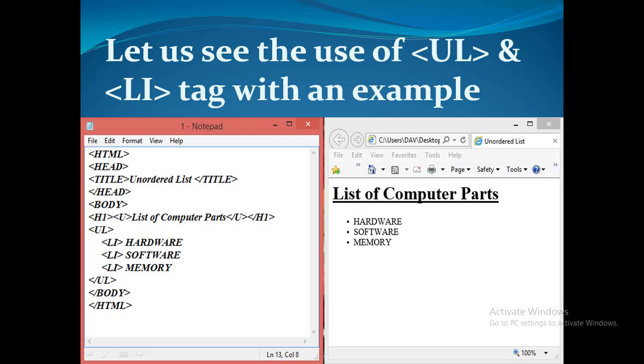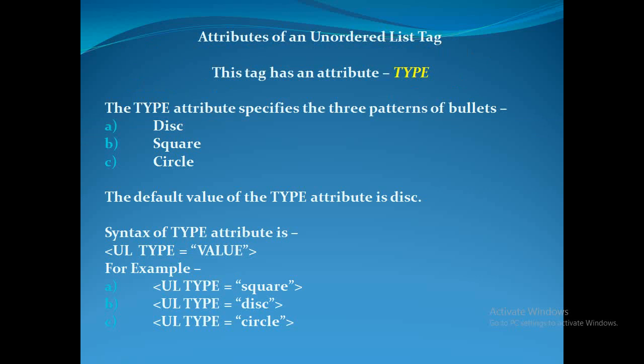This one is disk shape, which indicates that it has the default value. Now its syntax, how to write it: UL, then type equals the value. Value means any one among these three. For example, UL type equals square or disk or circle. Whatever you give, it will display as per the requirement.